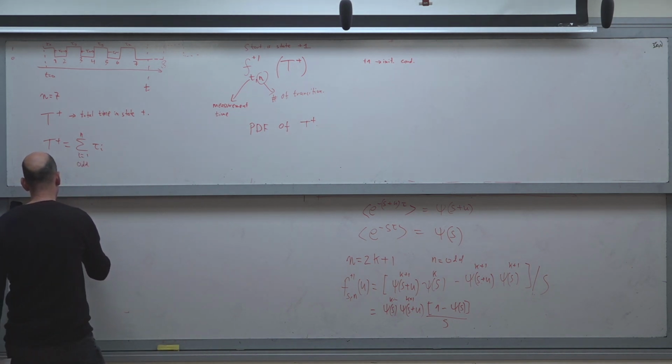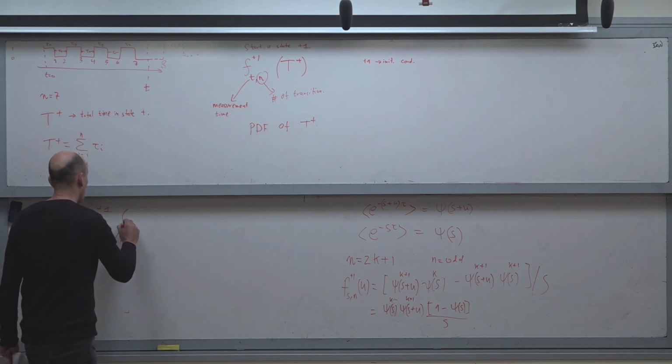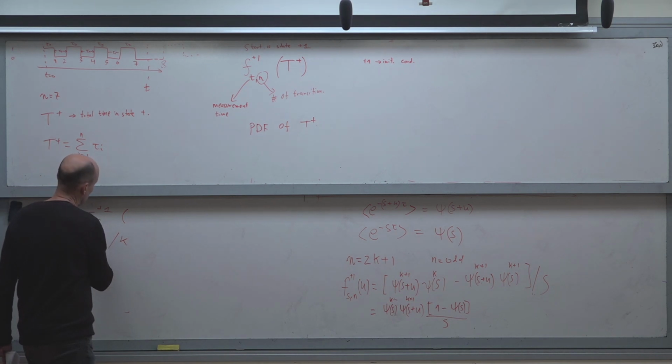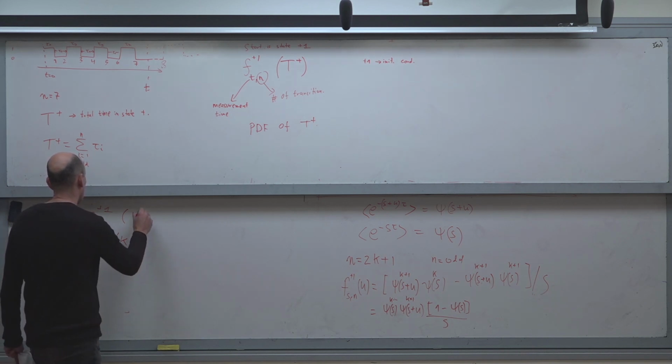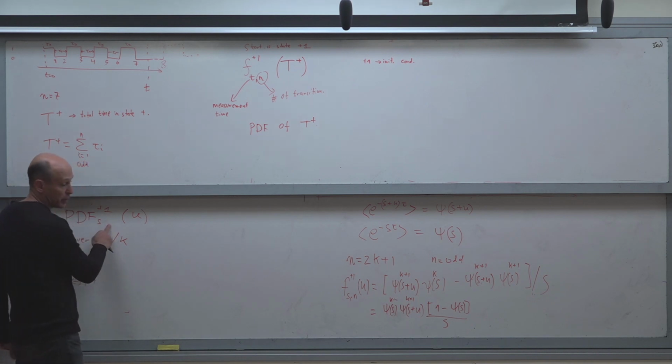So the PDF, again summing over n, of starting in the state plus at time, not at time t, but at Laplace variable s, so s goes to t, u goes to t plus. I already summed over all these n, so I don't have an n anymore.